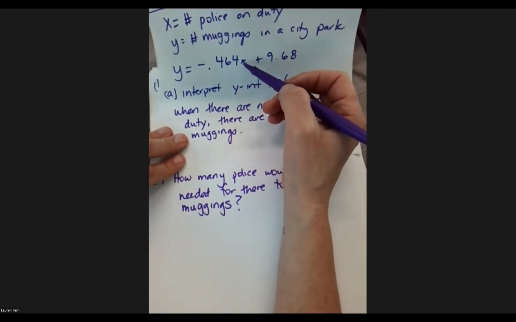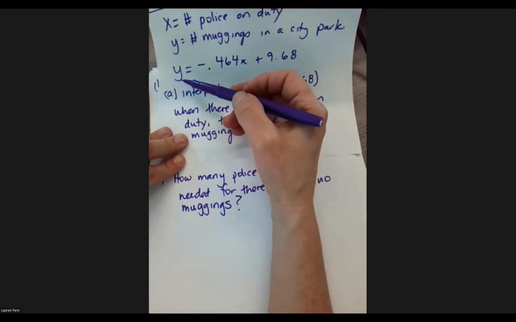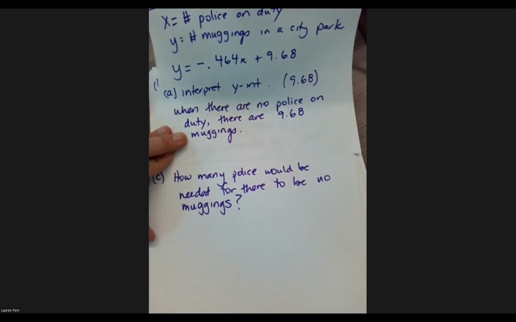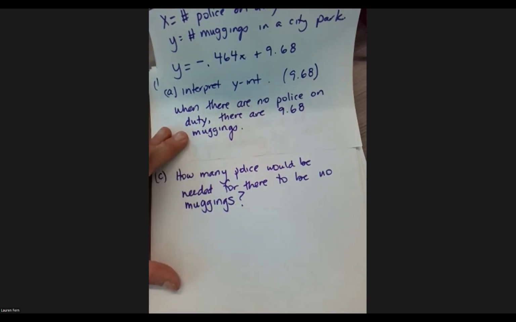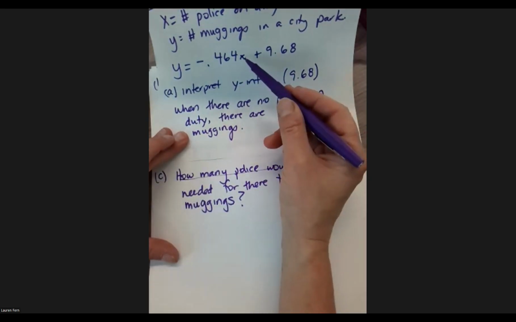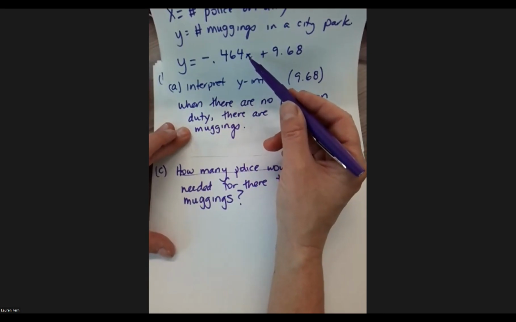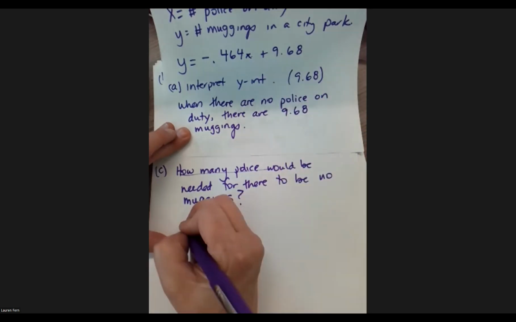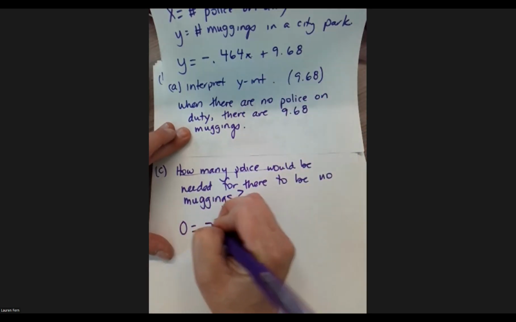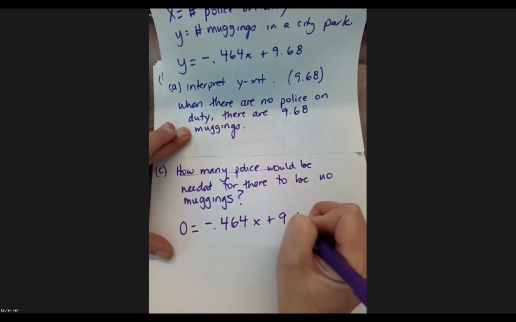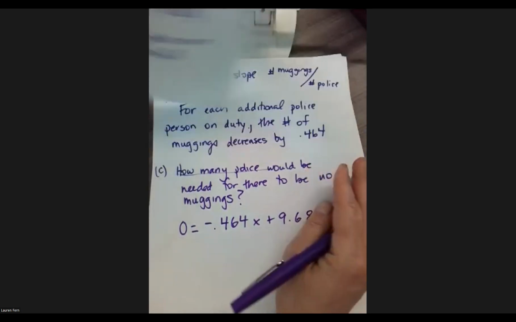We have X representing the number of police, and we have Y representing the number of muggings. We need to be given one so we can find the other. And notice here, we're looking for the number of police, in other words, our X value. So we better be given our Y value, and in this case, we want our Y value to be 0. So what we're going to solve is this equation right here.